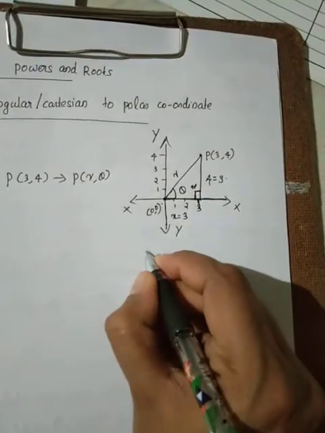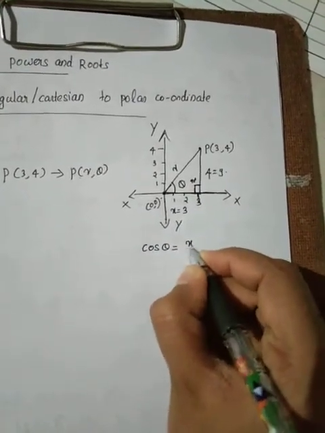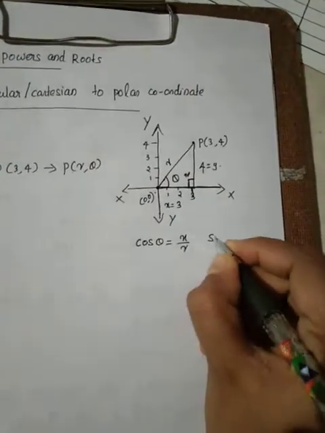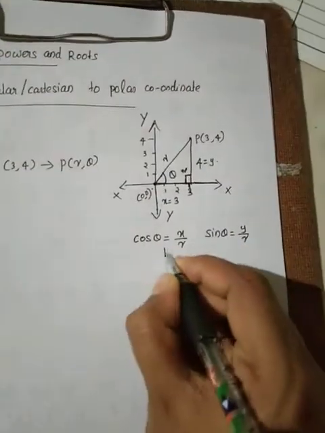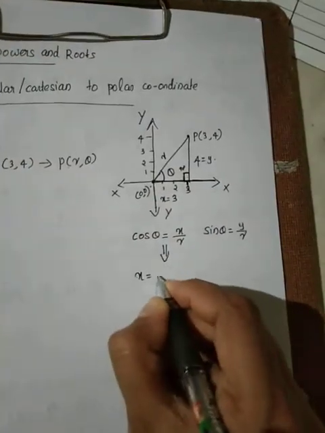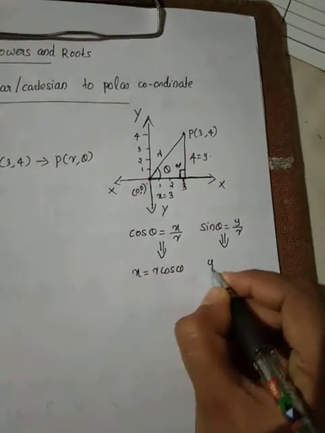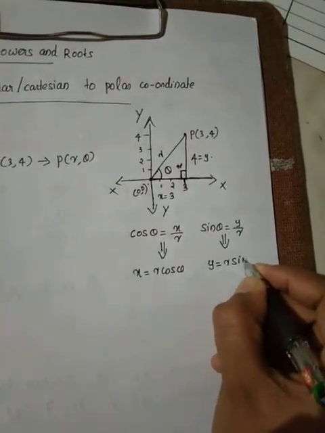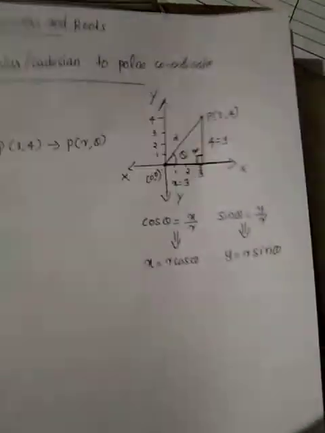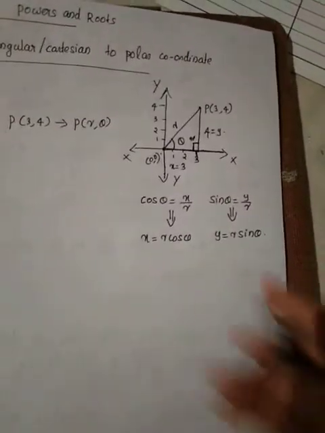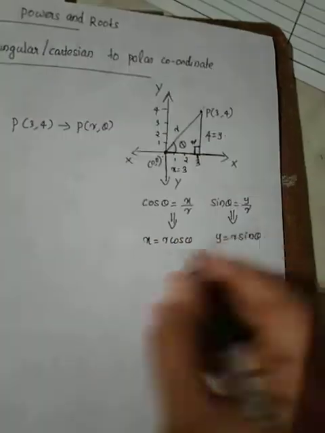Then we know that cos theta equal to x by r and sin theta equal to y by r. This implies x equal to r cos theta and y equal to r sin theta. Using Pythagoras theorem, we get r square equal to x square plus y square.